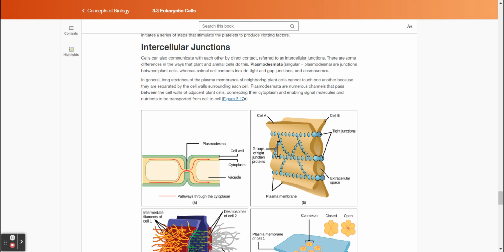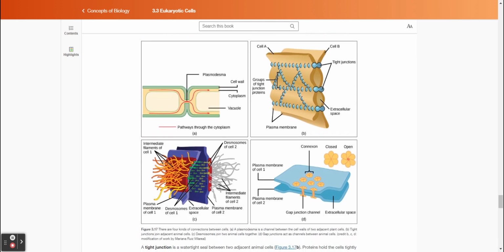In general, long stretches of the plasma membrane of neighboring plant cells cannot touch one another because they are supported by the cell walls surrounding each cell. Plasmodesmata are numerous channels that pass between the cell walls of adjacent plant cells, connecting their cytoplasm and enabling signal molecules and nutrients to be transported from cell to cell.